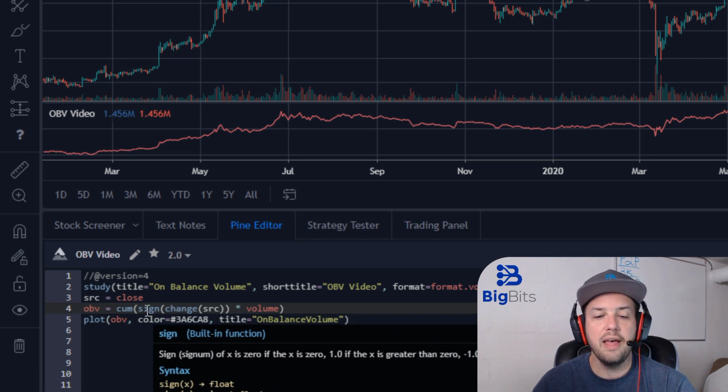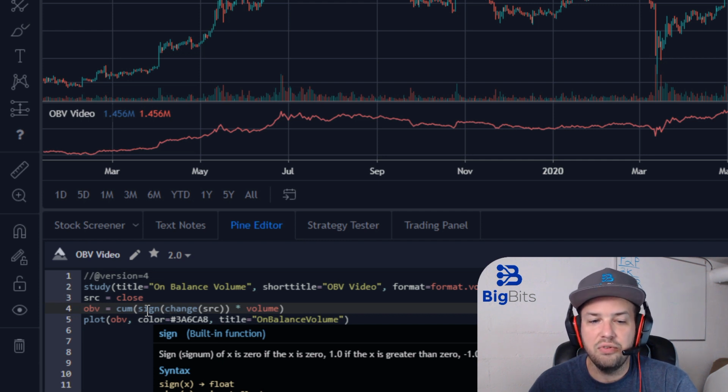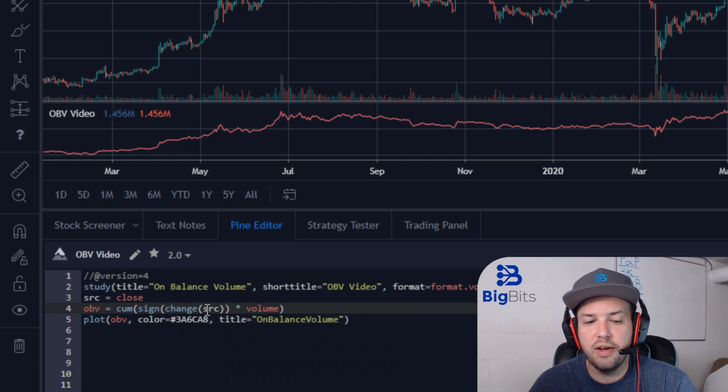When I hover over it, it says the sign of x is 0 if x is 0. So if there is no change, then you use 0, and you multiply that times the volume. If our closing price didn't change from one candle to the next, our OBV wouldn't change, because we are adding 0 times the volume.